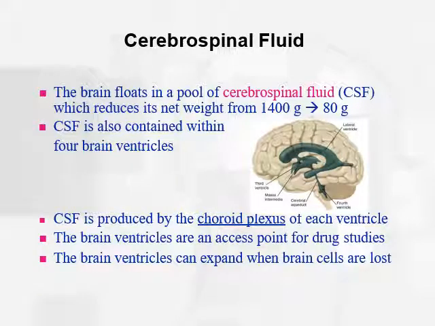As we know, brain and spinal cord are surrounded by a fluid which is the cerebrospinal fluid, and its function is to reduce the weight of the brain. This CSF is contained within a cavity called the ventricles, and it is produced by the choroid plexus.